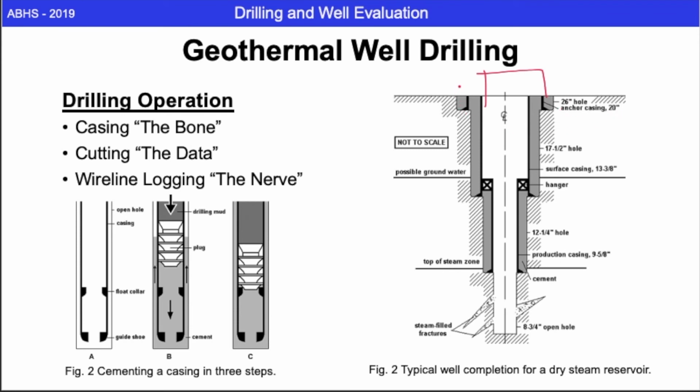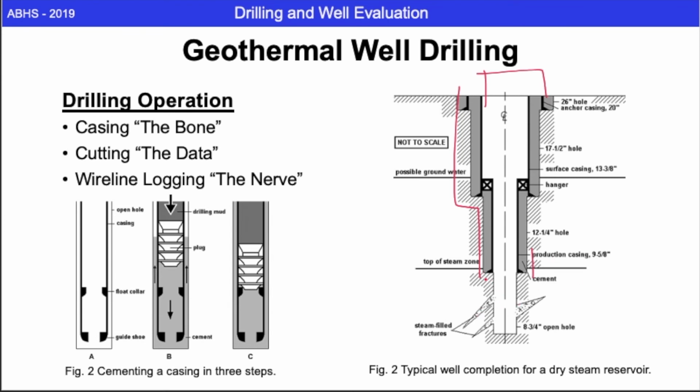Then when we hit the first aquifer of groundwater, we decrease the casing size slowly, and as we reach the steam zone, we change casing again, and as we reach the production zone, we use a smaller casing in diameter.